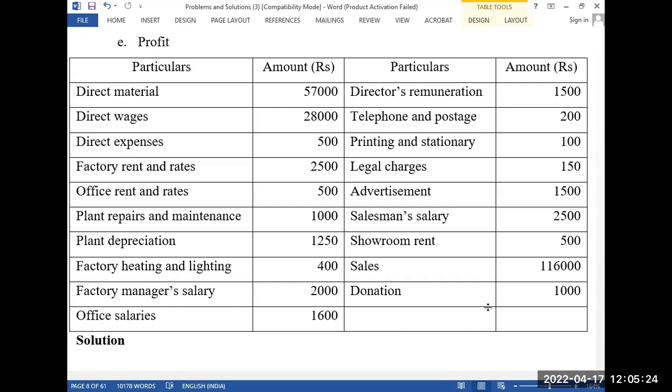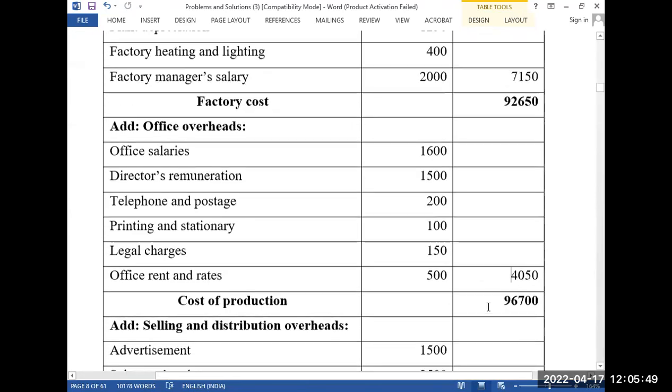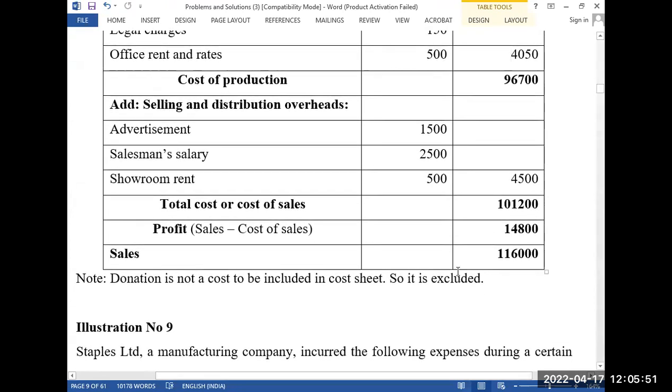Sales also? Sales is revenue or expenditure? So 3 items are there. The total of 3 items is 4,500. Then cost of sales will be 1,01,200.